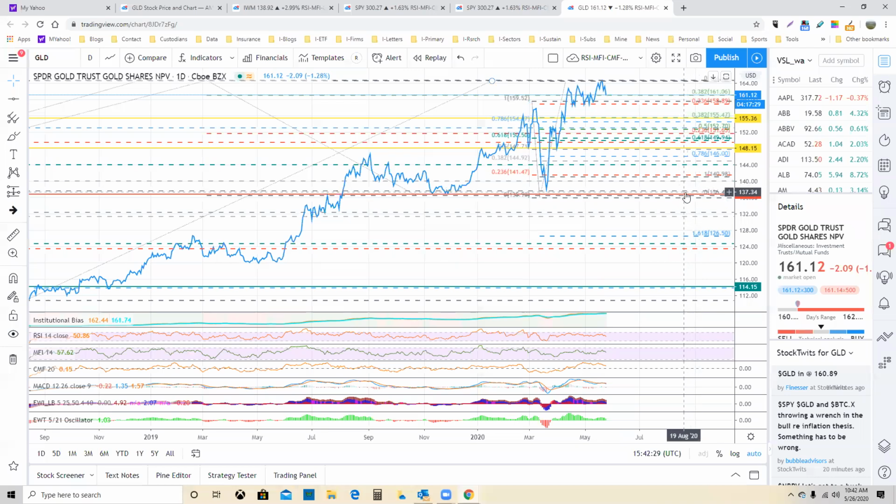Because the only other thing that this could mean if it gets down here is that there's a complete, utter breakdown in gold, which would blow my mind because there's no fundamental reason supporting that. But sure, could it get down to the 120s? It could.